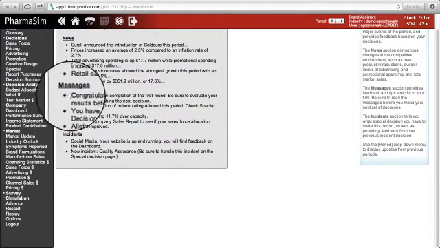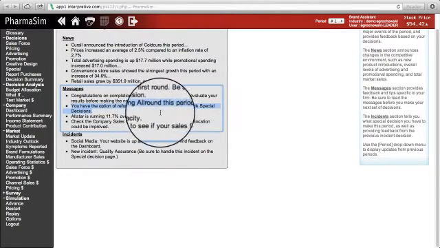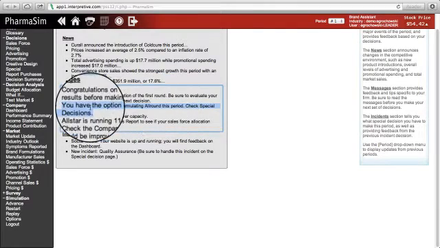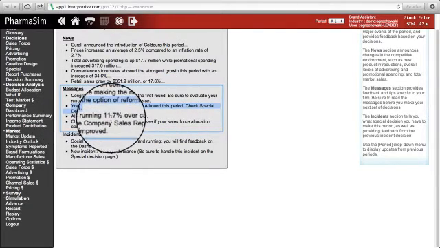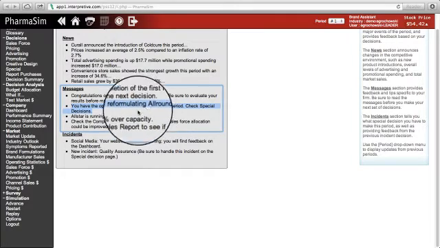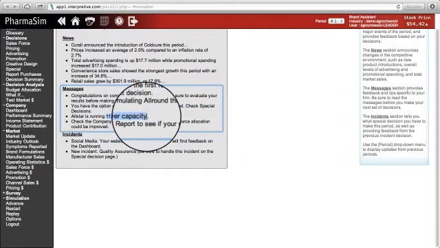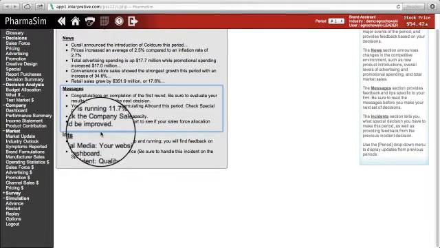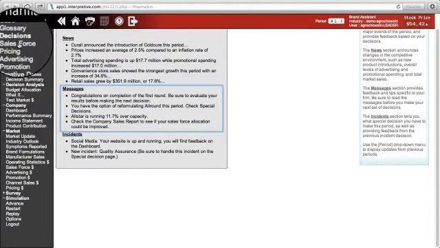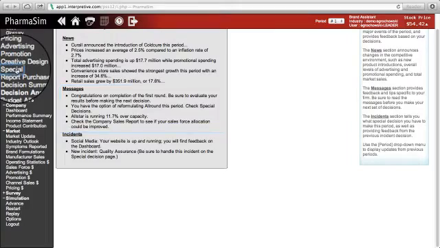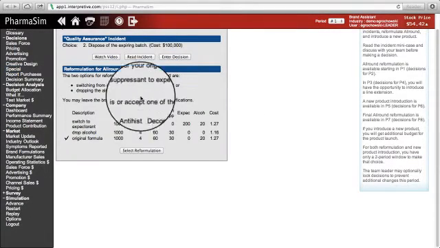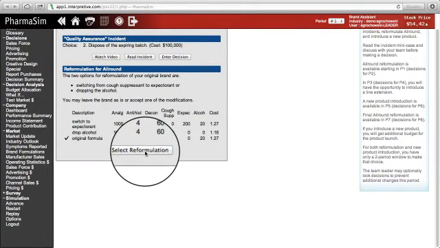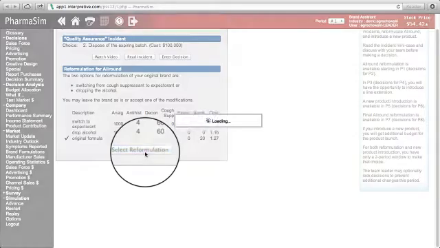Okay, so under messages here, you have the option of reformulating all around this period. Check special decisions. All stars running 11.7% over capacity. So that means I am producing more than I can send out at this point. And so I can go to special, and I can identify reformulation.